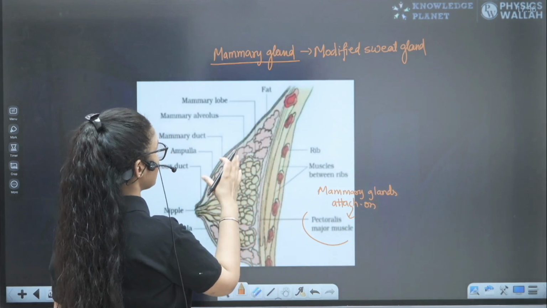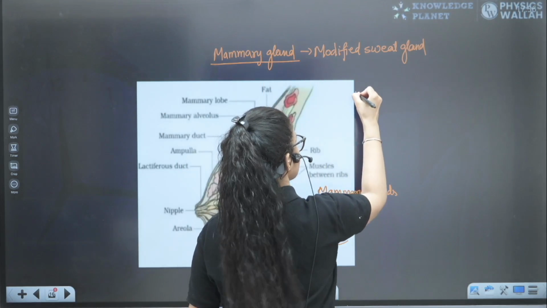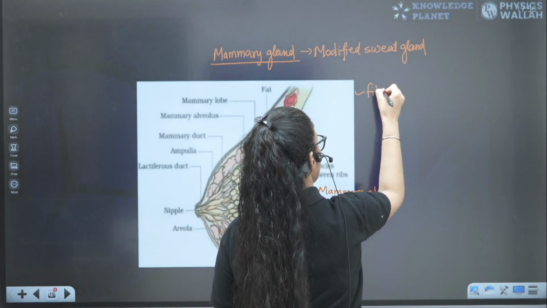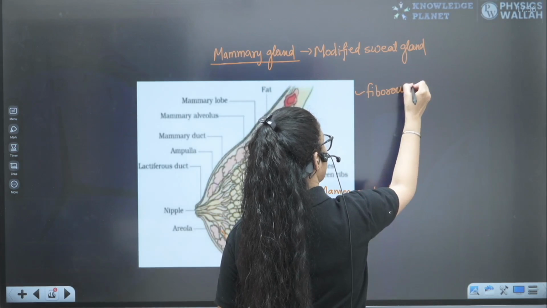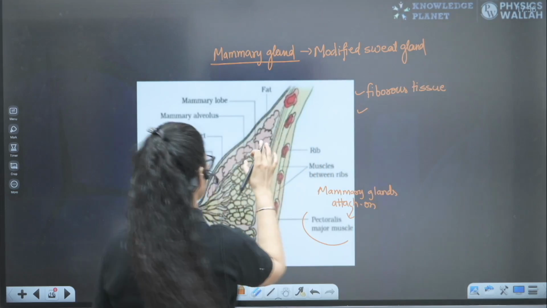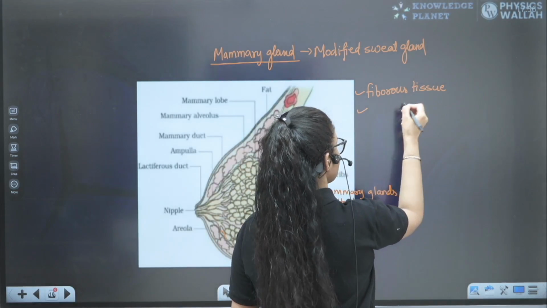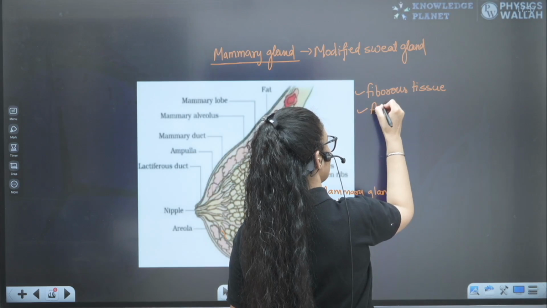And then when we talk about the mammary gland, it is made up of fibrous tissue. Fibrous tissue provides support to all the ducts present in the mammary gland. Plus it has another tissue, the adipose tissue.